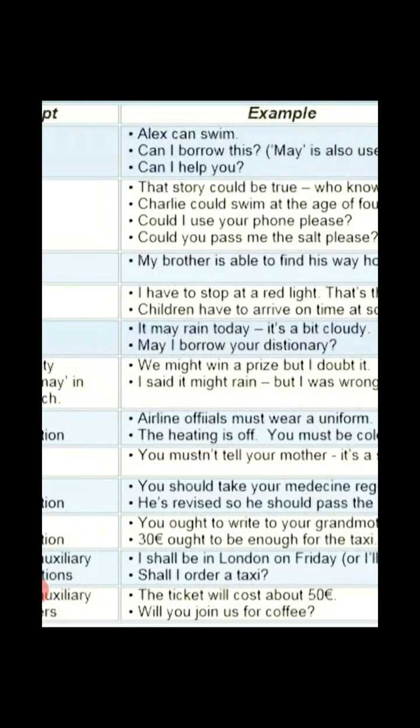So students, those who work in the offices or for airline, they must wear a uniform. Officials, OFFICIALS, officials.